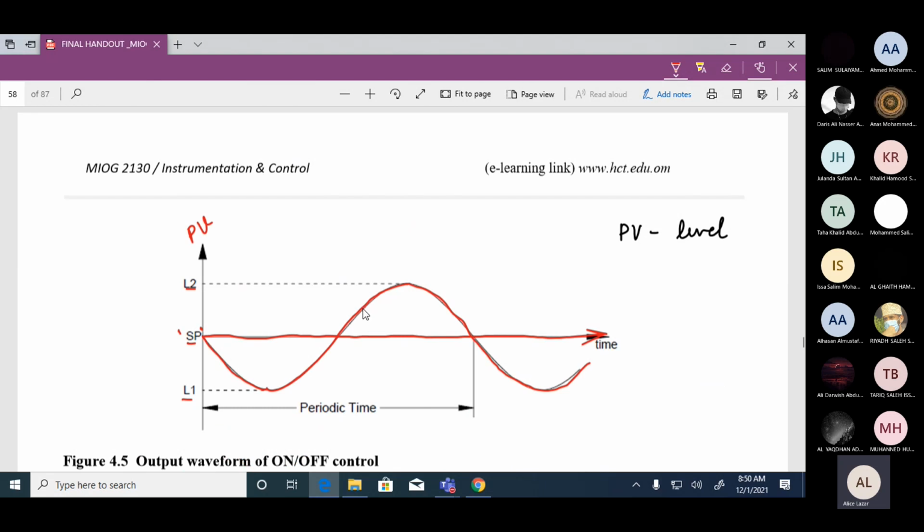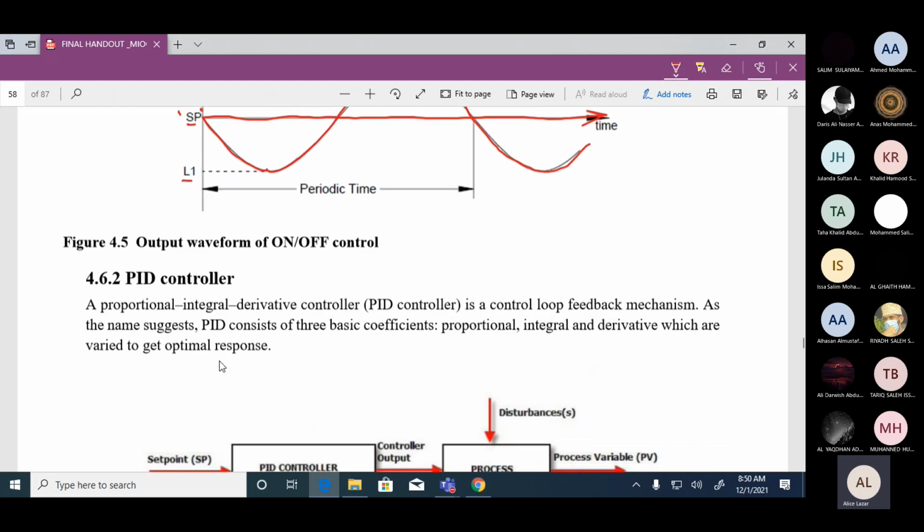But what is the disadvantage? It will not keep the value of the variable at set point. So the advantage is you can use it for water heating systems or any heating systems which are very large in size. That is the example of an on-off controller.